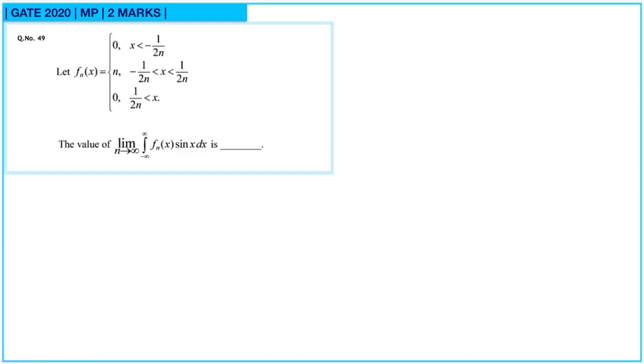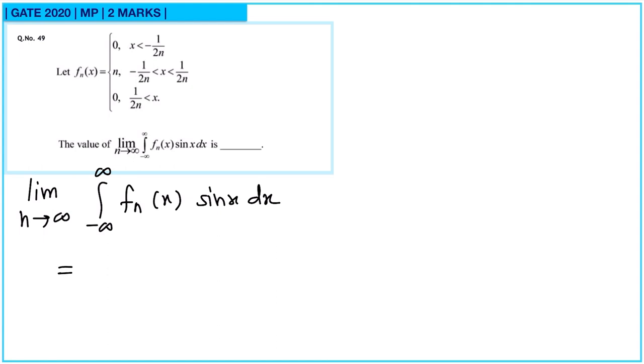Next question. Let f_n of x be n in this range and 0 otherwise. The value of limit n tends to infinity of integration f_n(x) sin x dx is. So limit n tending to infinity, minus infinity to infinity, f_n of x sin x dx. So this is equal to limit n tending to infinity.